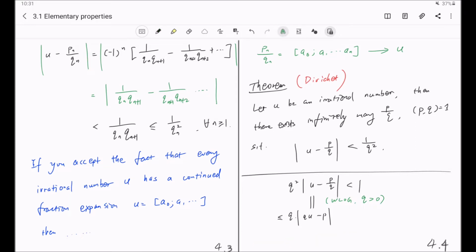And this guy can be further bounded below by q times the distance from qu to the integer closer to it. The minimum of qu minus p, where p ranges in the set of integers.